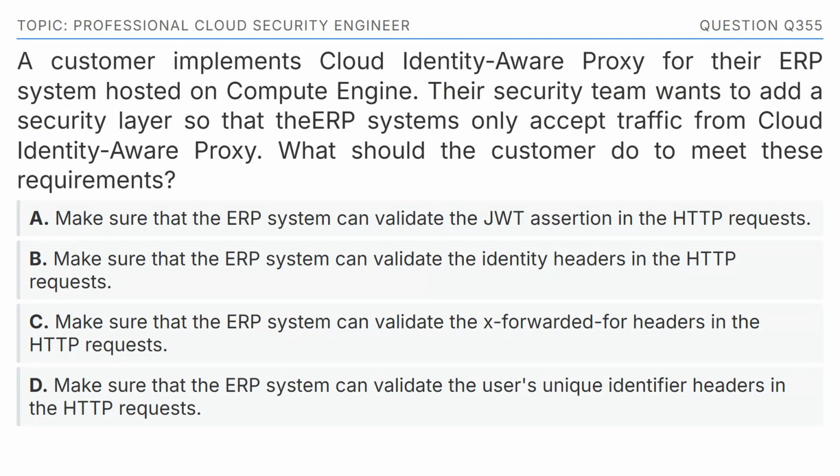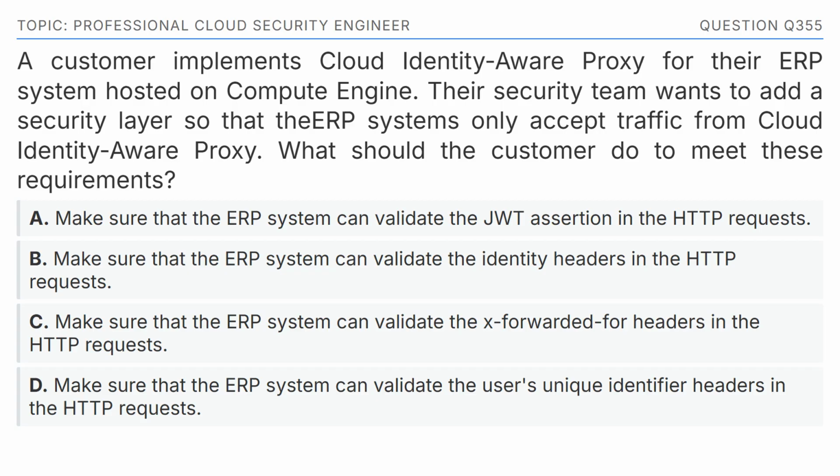A customer implements Cloud Identity Aware Proxy for their ERP system hosted on Compute Engine. Their security team wants to add a security layer so that the ERP systems only accept traffic from Cloud Identity Aware Proxy. What should the customer do to meet these requirements? The options are Option A, make sure that the ERP system can validate the JWT assertion in the HTTP requests.